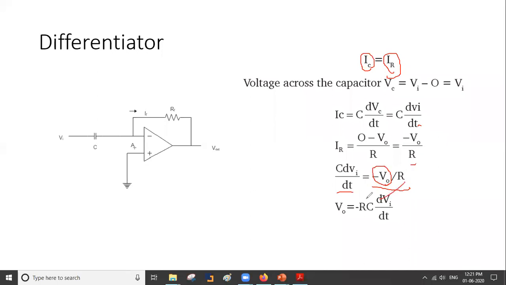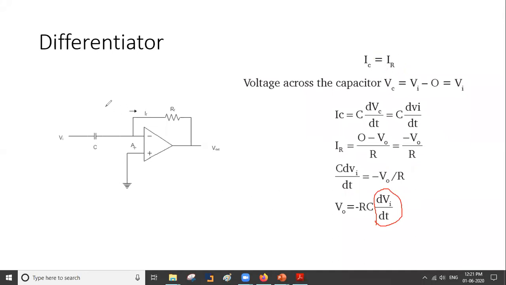Just rearrange the resistance value to here: minus RC dVi by dt. So this is the output voltage. This output voltage equation indicates that the output is a differential of the input voltage. So the circuit produces a differential of the input voltage.